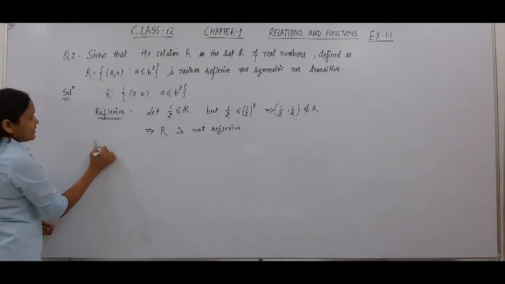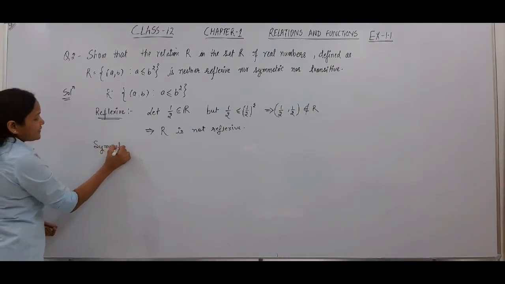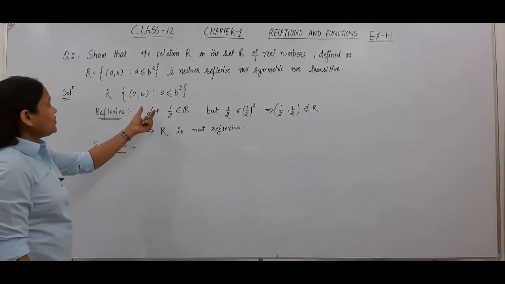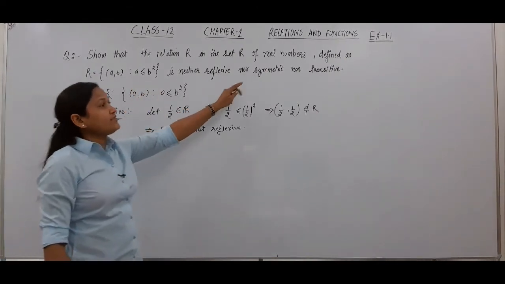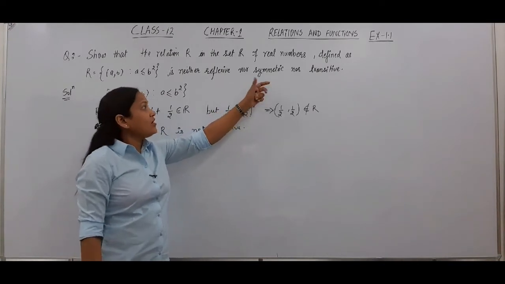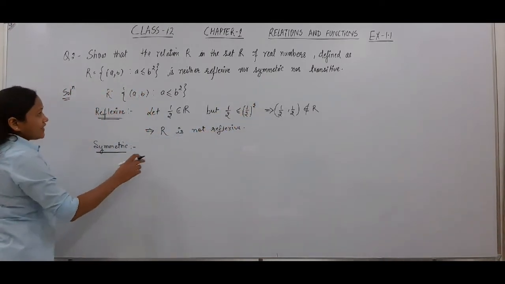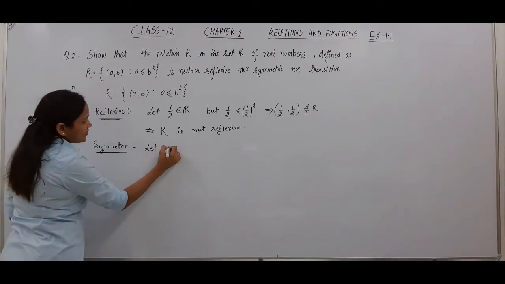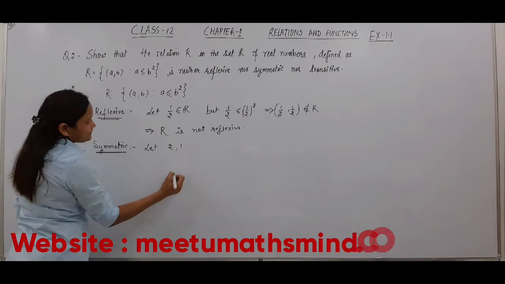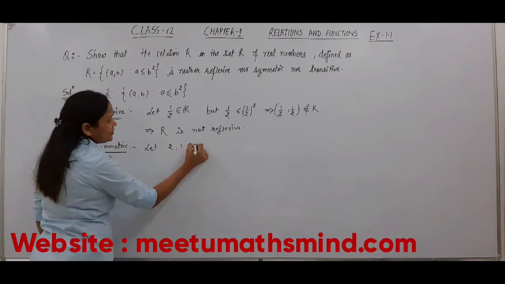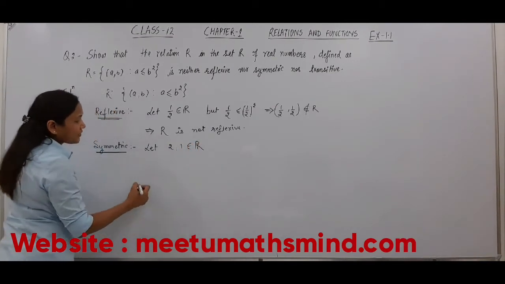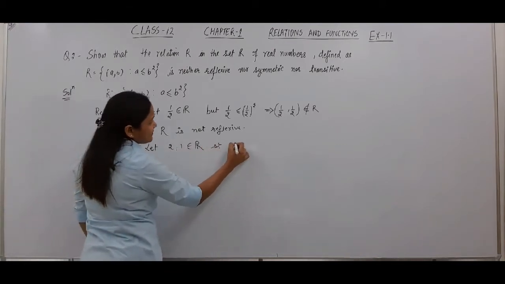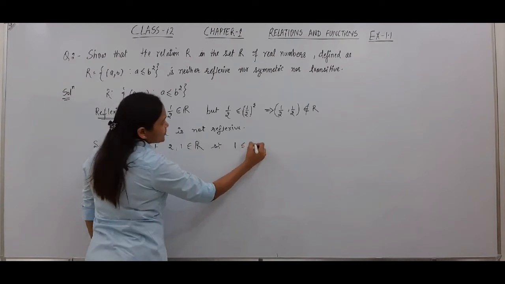सेकेंडली, let us check for symmetry. Now you have to show that your relation is not symmetric. So first of all, try to create an example. Let 2 and 1, take an example of these two real numbers such that we know that 1 is less than equals to 2 का square.